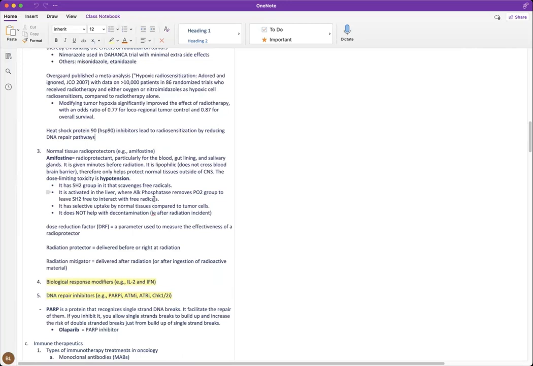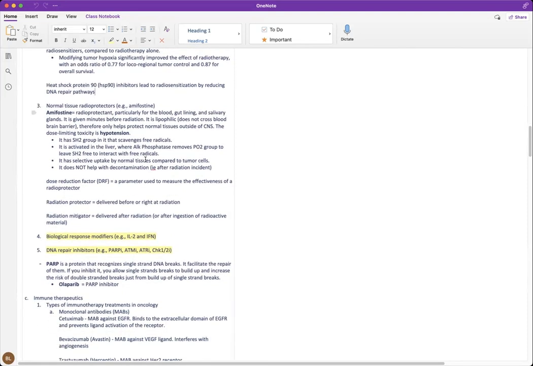Heat shock protein 90, HSP 90, a heat shock protein inhibitor leads to radiosensitization by reducing DNA repair pathways. That's not very intuitive. I thought that would have to do with hyperthermia or something, but it doesn't in this sentence.